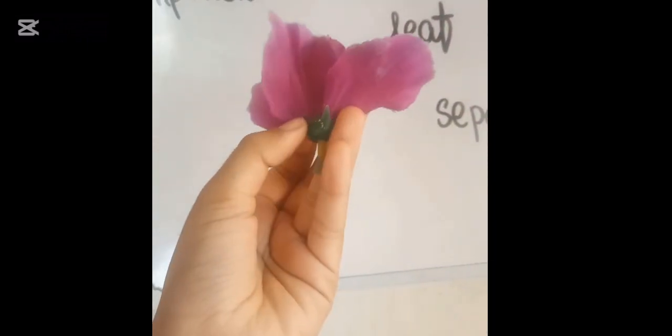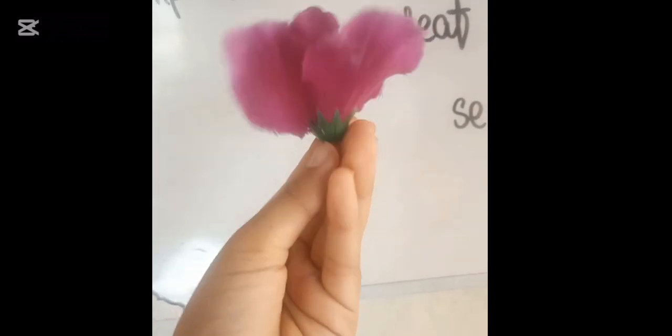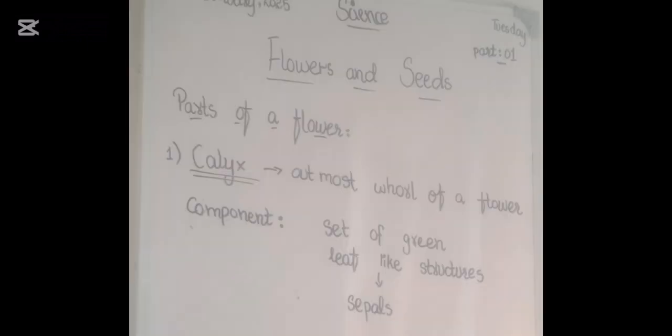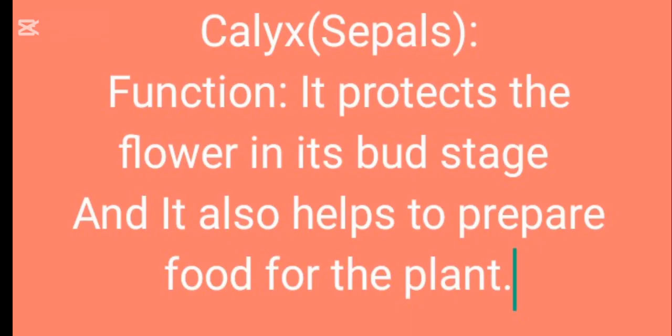This one. These are the sepals of the flower. Basically, there are four or more than four sepals in a flower. So the function of the sepals is that it protects the flower in its bud stage. You might have seen the flower when it's a bud. Yes, you might have seen the bud. So you can see the sepals are all around it. So it protects the flower in its bud stage, and it also helps to prepare food for the plant.